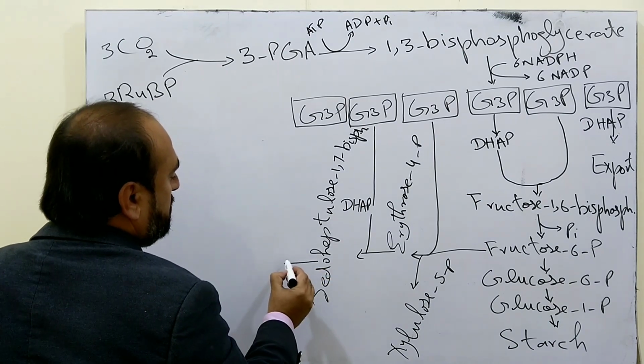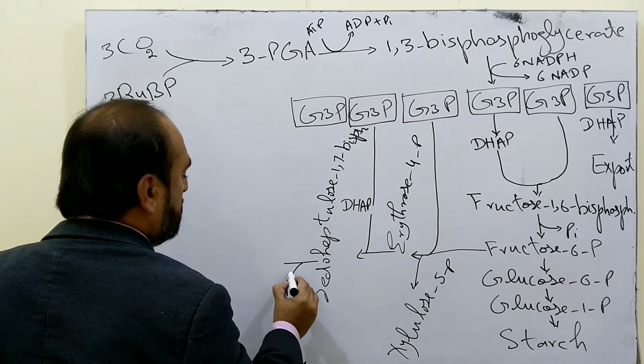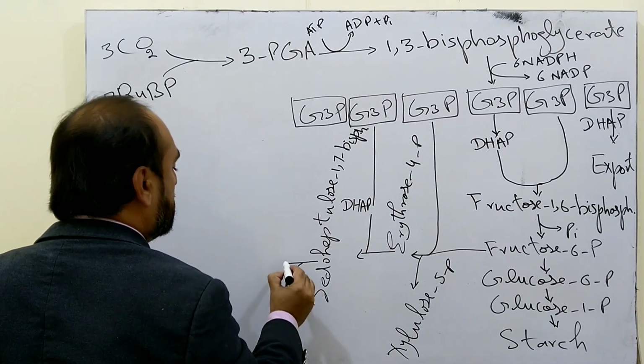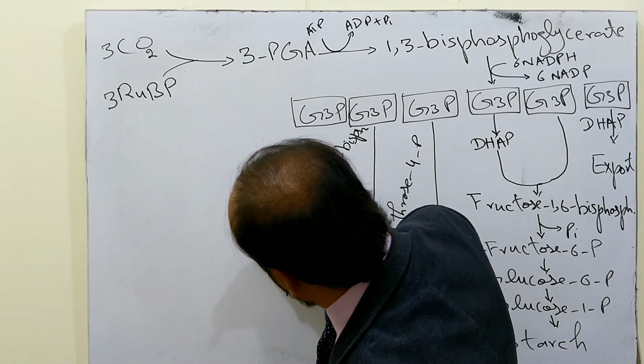This sedoheptulose 1,7-bisphosphate loses one phosphate group and is converted to sedoheptulose 7-phosphate.